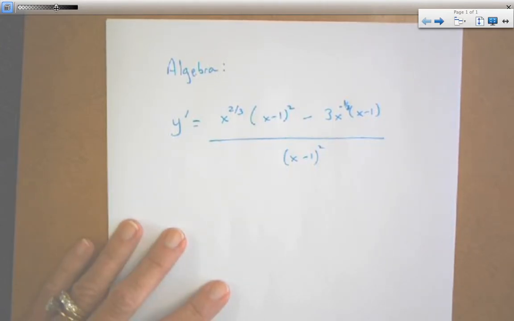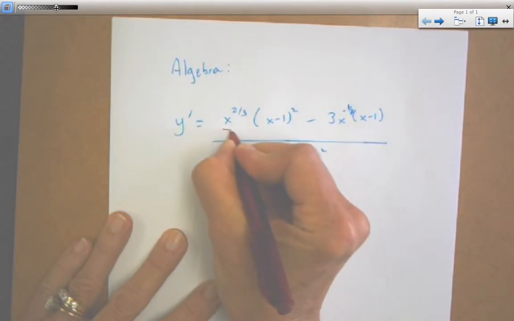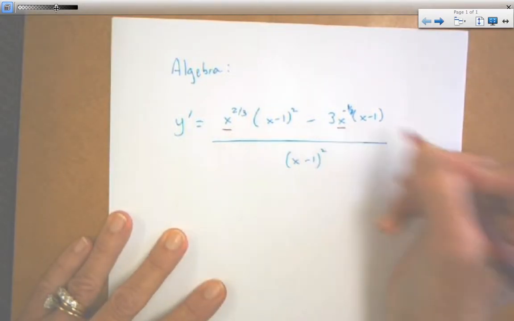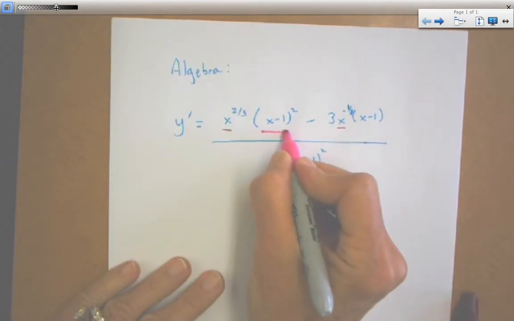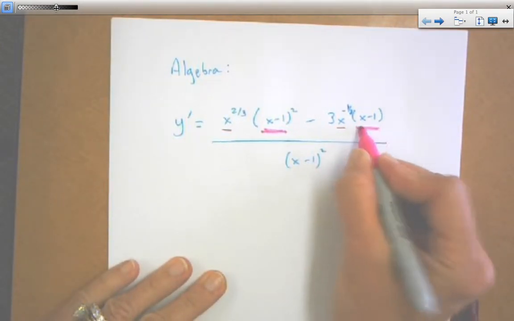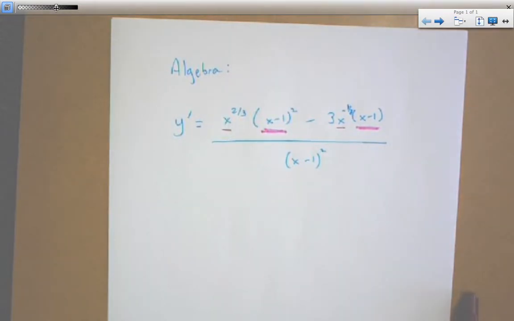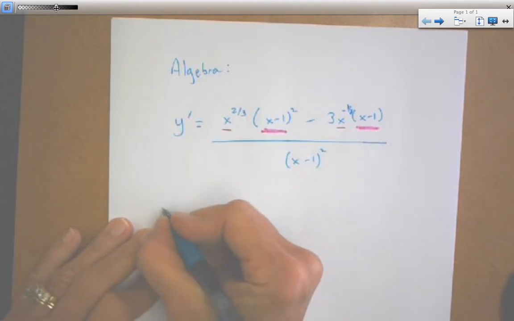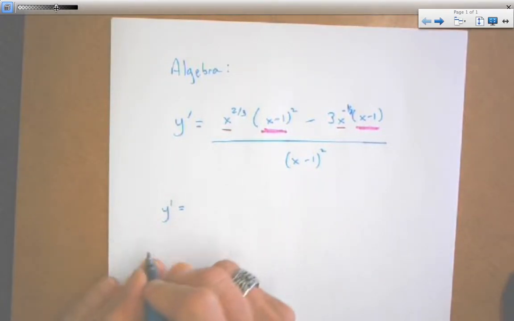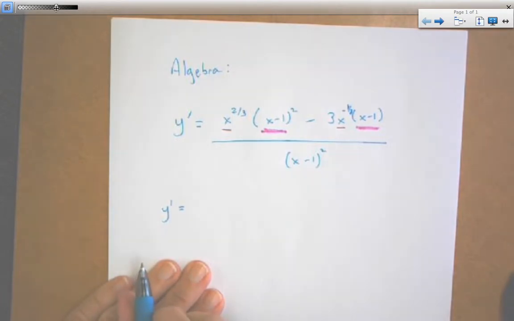My first common term is the base of x. And my second common term is the base of x minus 1. If you remember from pre-cal, you're going to factor out the lowest exponent. So here we go. I'm going to factor out my lowest exponent.